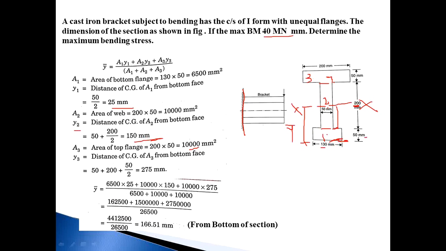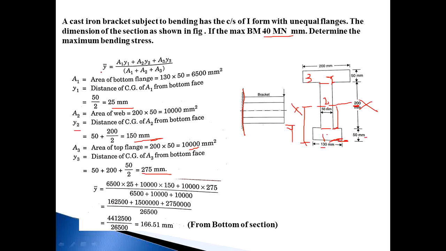But we want the distance from the bottom of the section, so we add this point to this point. That is 200 plus 50, that is 250 plus 50 divided by 2. That is 50 plus 200 plus 50 divided by 2. The value becomes Y3 is 275 mm.